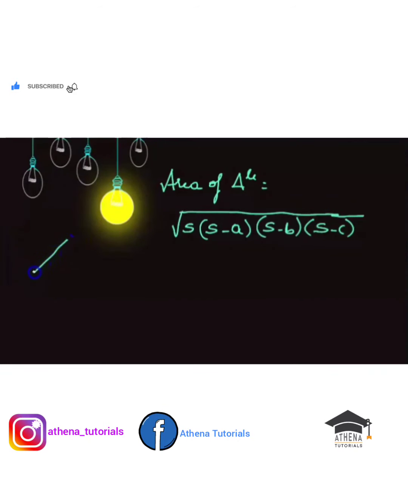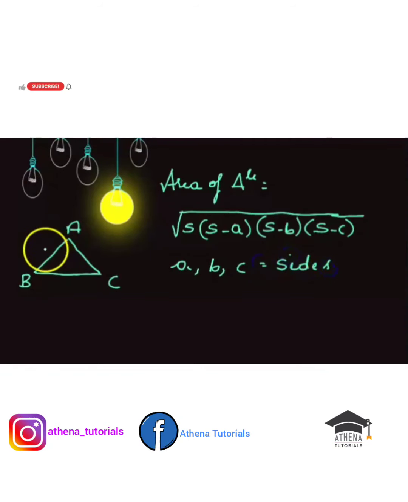Let's consider a triangle. Let this be A, this B and C. So A, B, C are sides of the triangle. Then what is S?